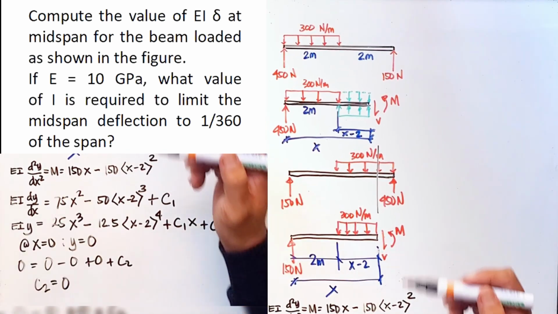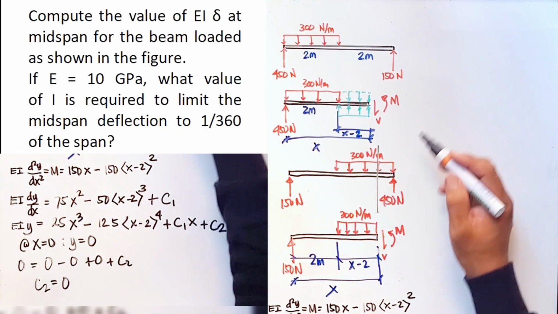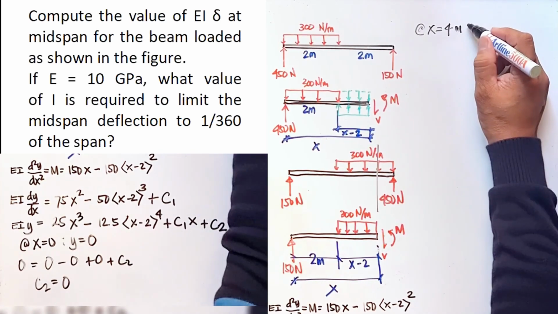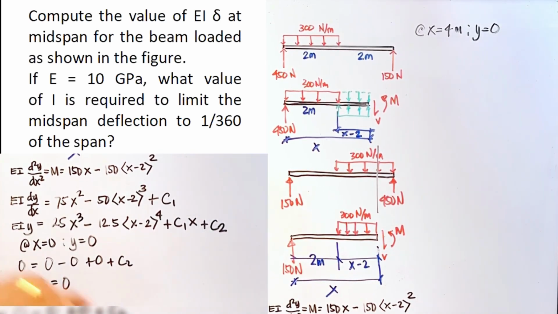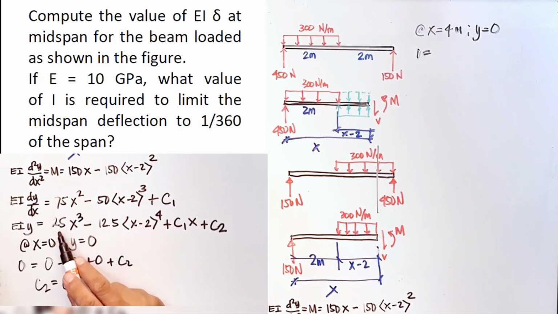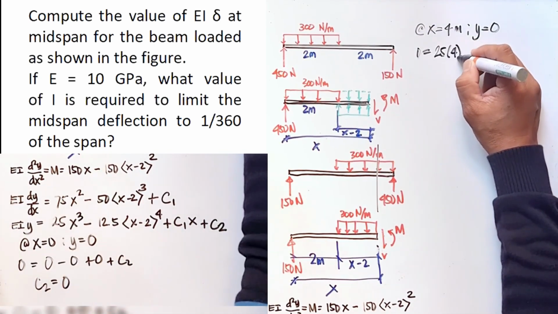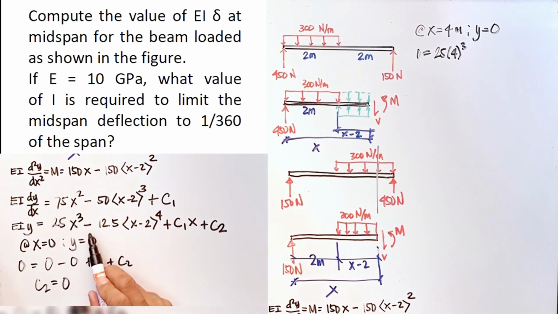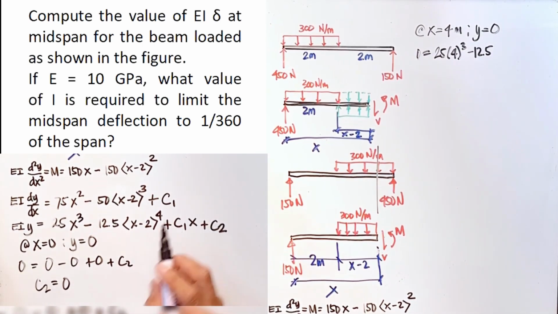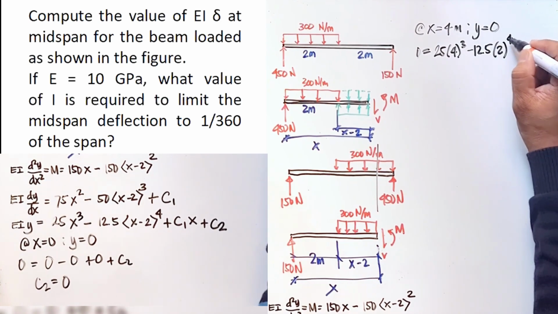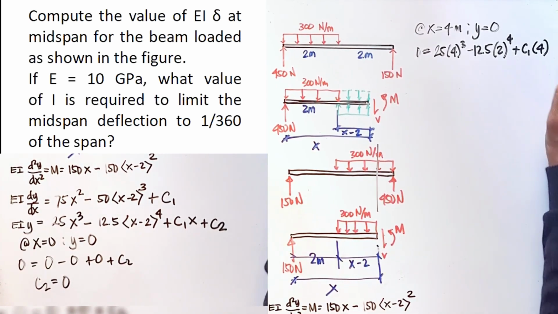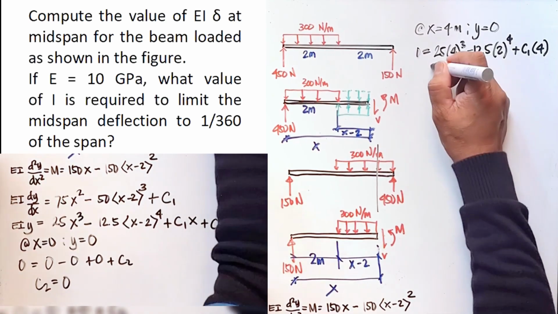And the same at the right side of the beam where there is also a support. That means at the right side, x becomes 4 meters, and there is also no deflection there. So our deflection equation becomes 0, which is 25 times 4 cube, minus 12.5 times 4 minus 2, which is 2, to the fourth power, plus C1 times 4. C2 is 0, so we can now solve C1.